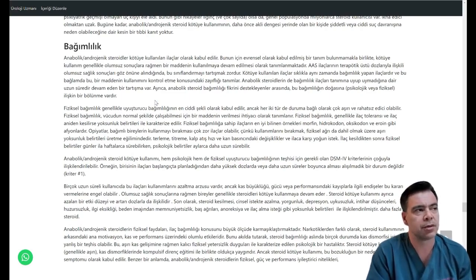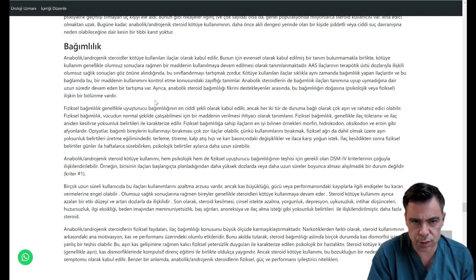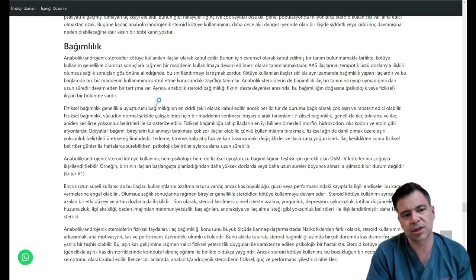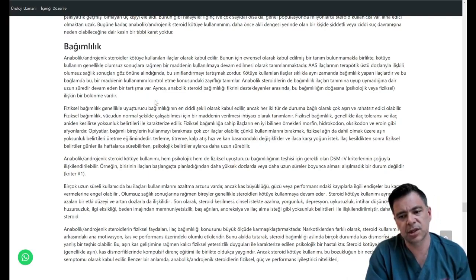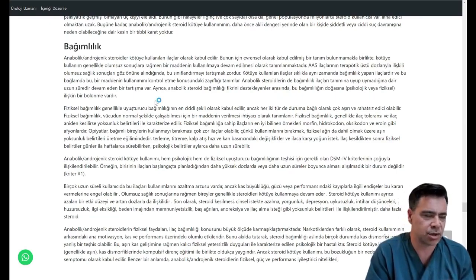And it is difficult to get these people to quit, and it is also difficult to get the testicles working again after quitting. And you need to do testosterone replacement therapy after stopping anabolic steroids. After stopping anabolic steroids, testosterone replacement therapy is necessary.